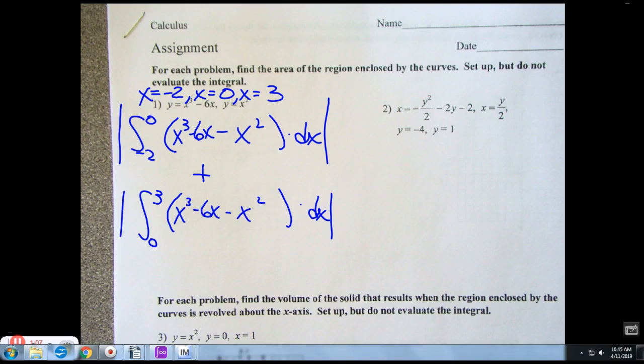So if you want to go ahead and type them in, take a second, make sure you're getting it right. Questions on the setup at all? Did I put the answers as just the setup?